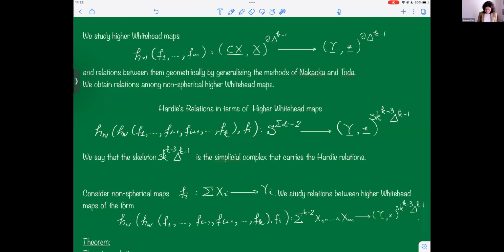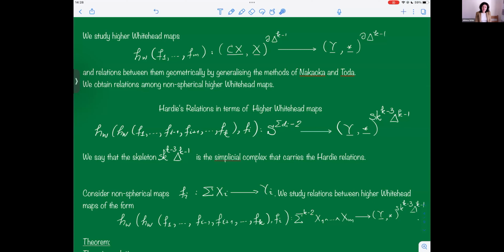And obviously we can. Each of these iterated exterior Whitehead maps can be seen as a map into a polyhedral product over the (k-3)-dimensional skeleton of a (k-1)-dimensional simplex.